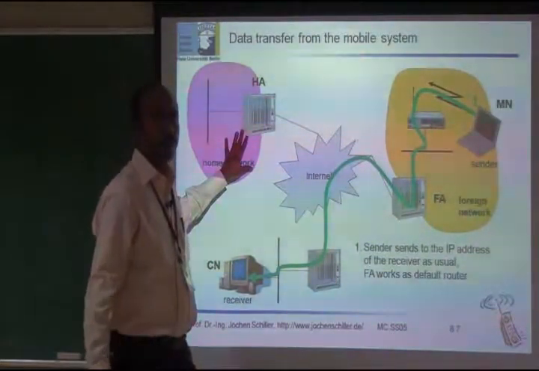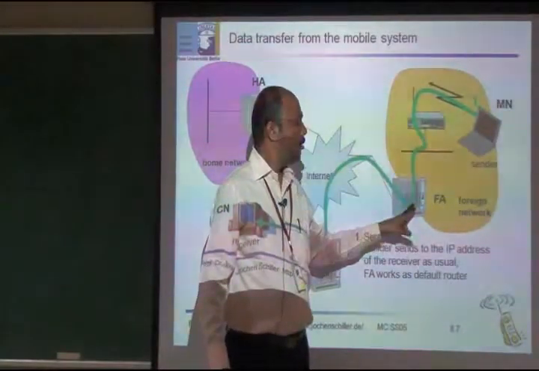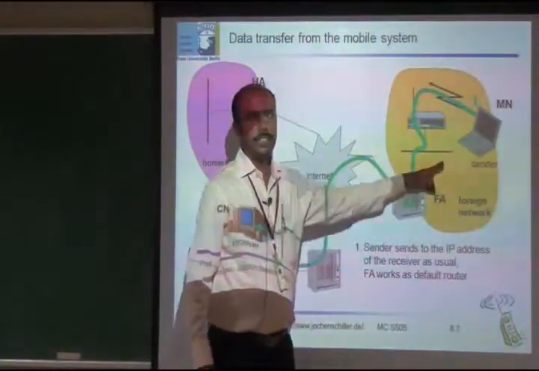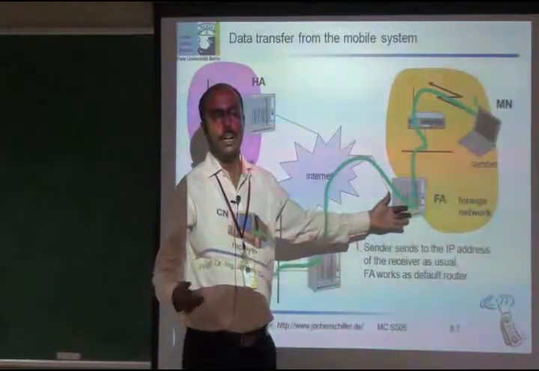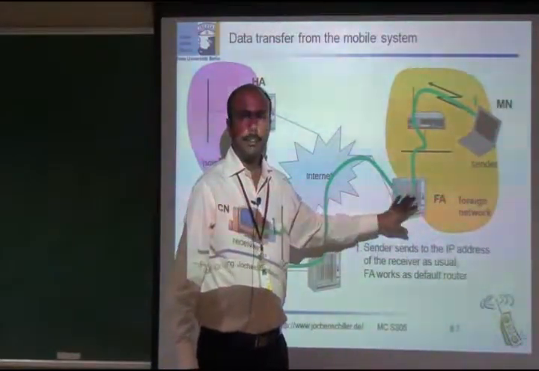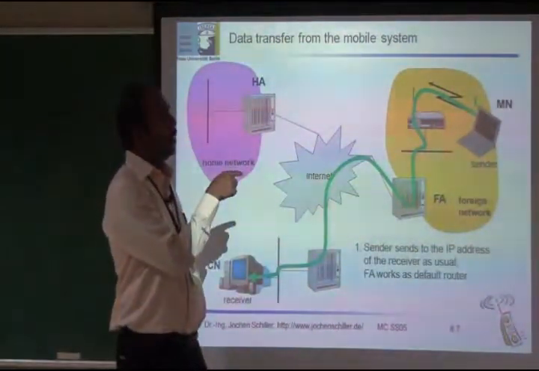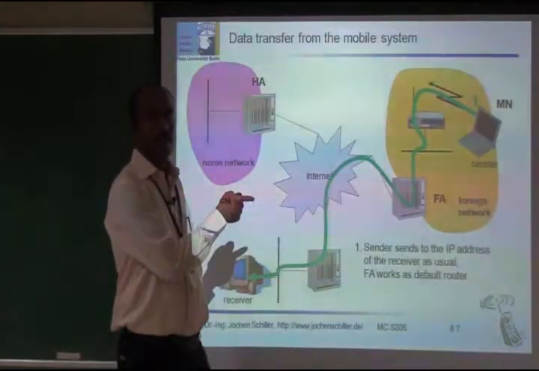After some time, the mobile node moves to the foreign agent. After moving to the foreign agent, the mobile node will store its details in the foreign agent after getting the care of address dynamically, or after getting the IP address from the foreign agent, right? So here the mobile node has already moved to a foreign agent.